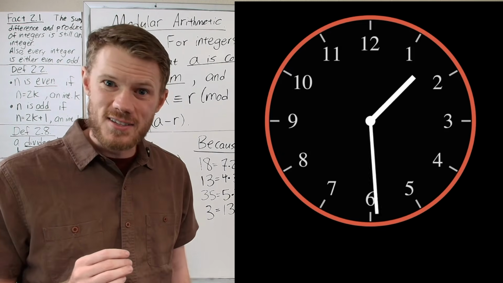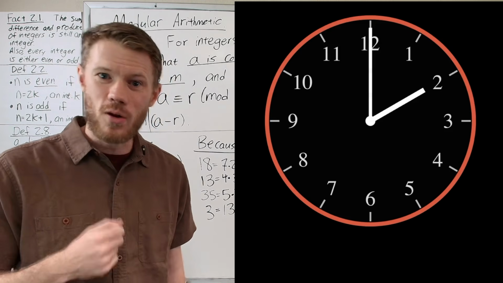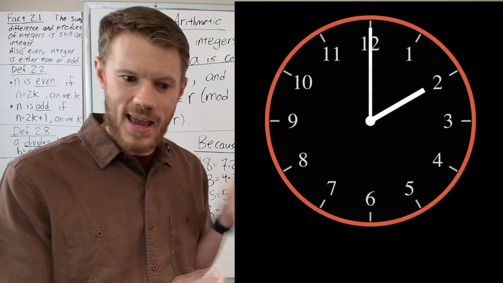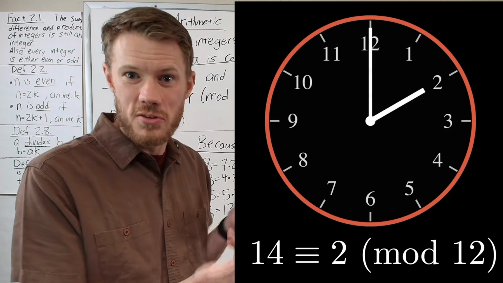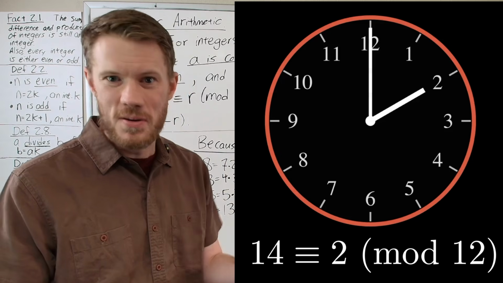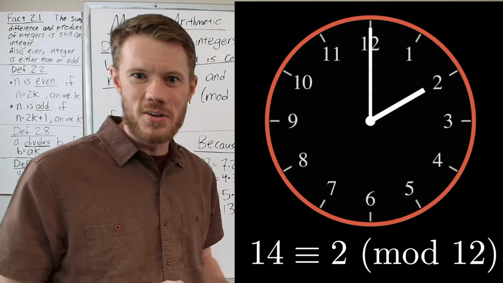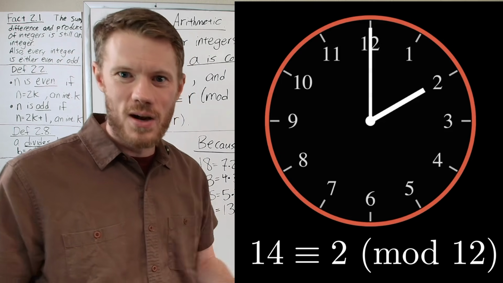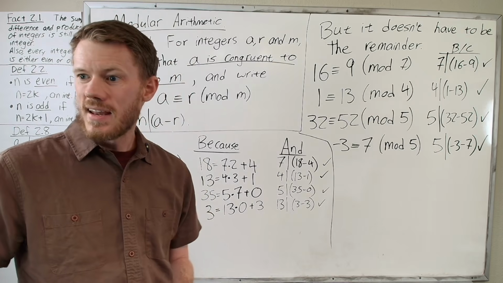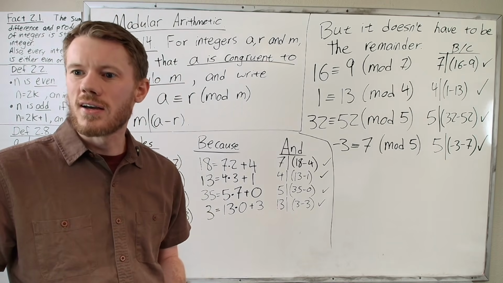We would say it is 2 o'clock. So in 4 hours, it's going to be 2 o'clock. So 14 and 2 are congruent. Mod 12, they're the same. So if a military person says 14 and you say 2, that's okay, because mod 12, those 2 numbers are congruent.